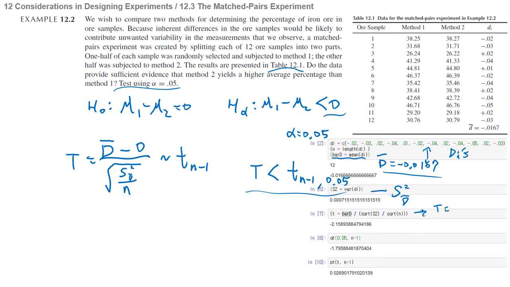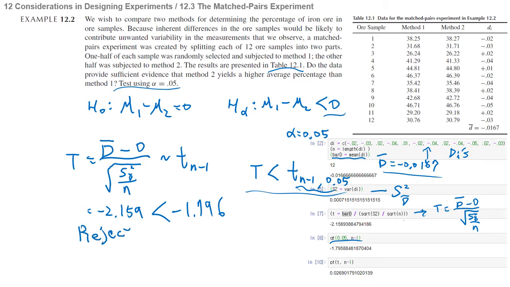Here's our t, which is d bar minus 0 over square root of s d bar squared over n. And so our t is minus 2.159. And this is actually smaller than this one, minus 1.79976. And so we reject the null hypothesis.